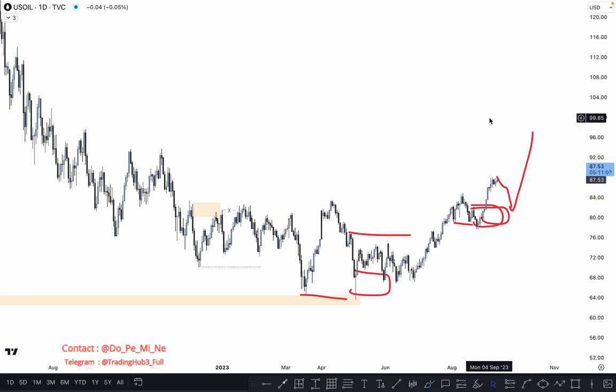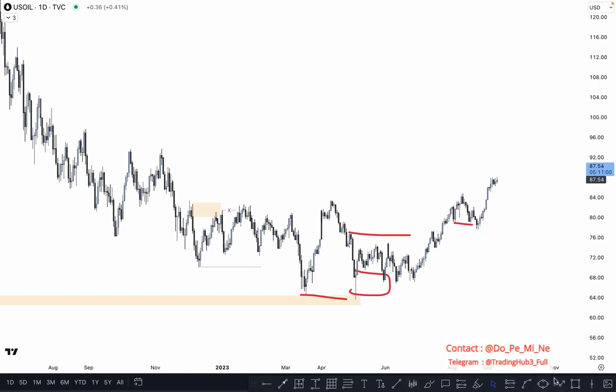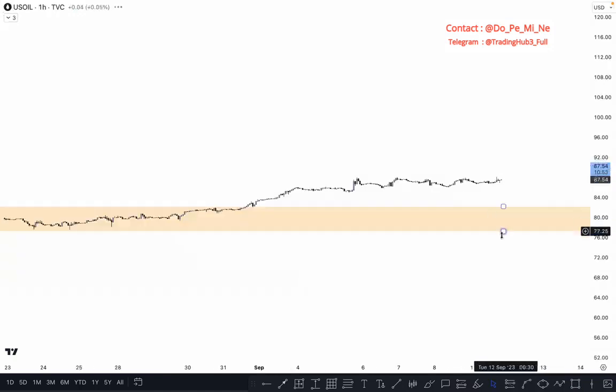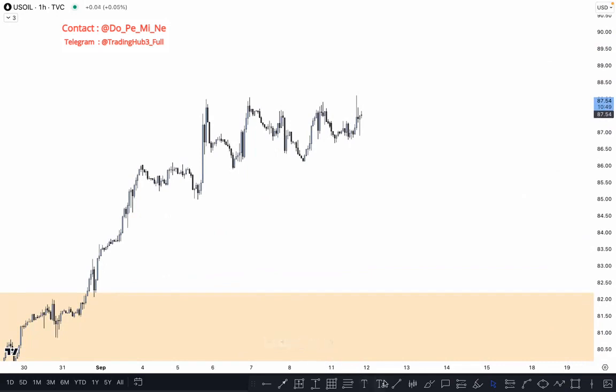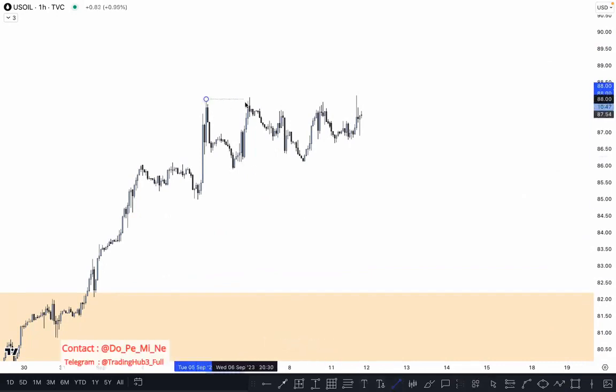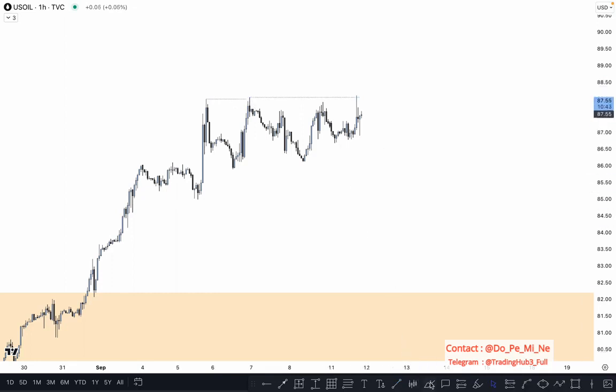Which pair do you trade? I trade mostly EURUSD. This one is an order flow on the 1 hour time frame in crude oil, and if I switch here to the 1 hour time frame, then we can understand. On the 1 hour time frame the market looks bullish, and the previous high is swept, so sell.